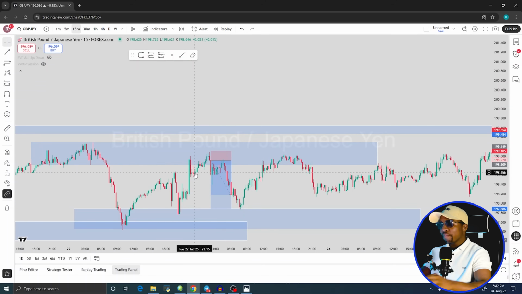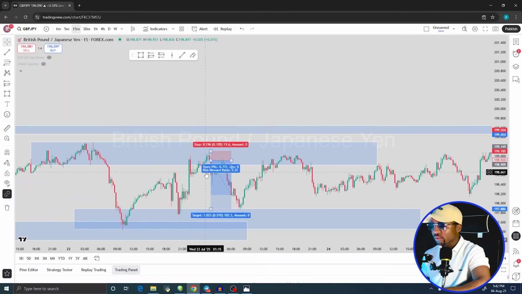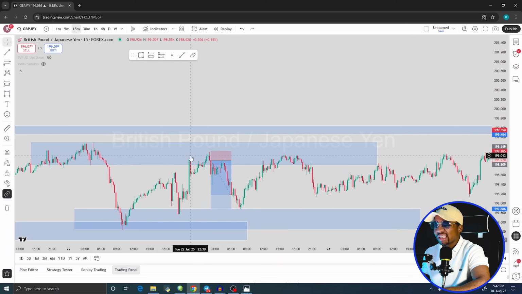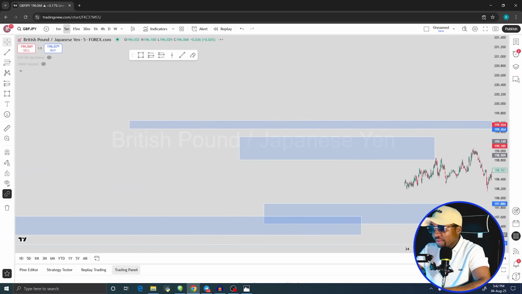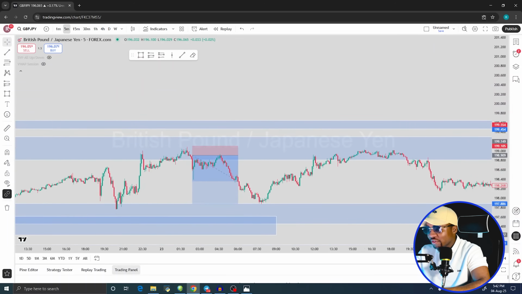So price came back, and then it still took out this high. Someone might enter from here. Maybe they've seen a market structure shift on the 5-minute time frame. Maybe they've seen a change of character or something like that. They get in from here and then they get stopped out, and then the institutions load in positions.